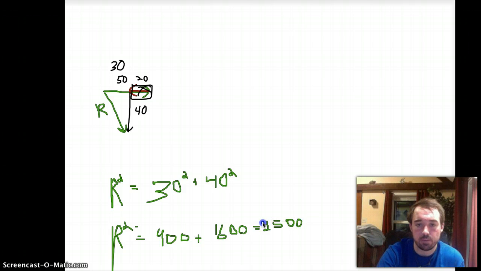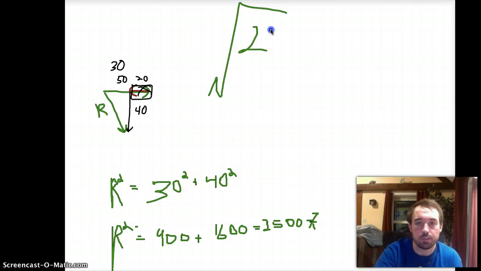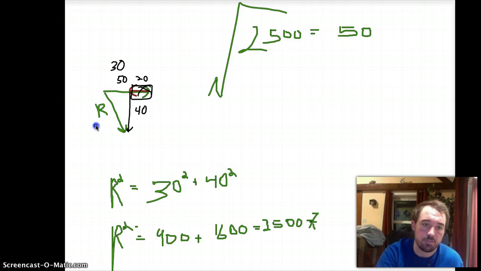So the square root of 2500 is 50. So our side is 50.